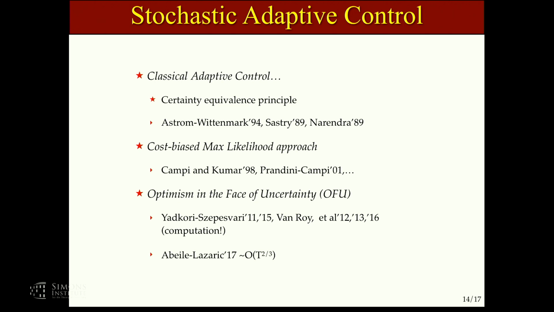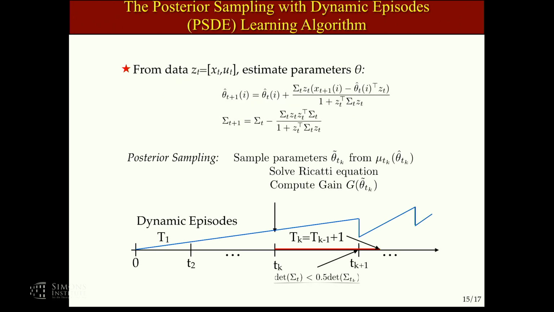Recently, people have been worrying about non-asymptotic performance, and there are a few algorithms, but these are of the flavor of optimism in the face of uncertainty. You can think of these as generalizations of the UCB idea, but they have to do a lot of computation. Every time instant when you need to recompute a policy, you have to solve an optimization problem.